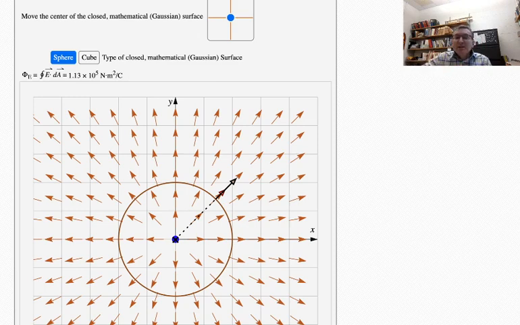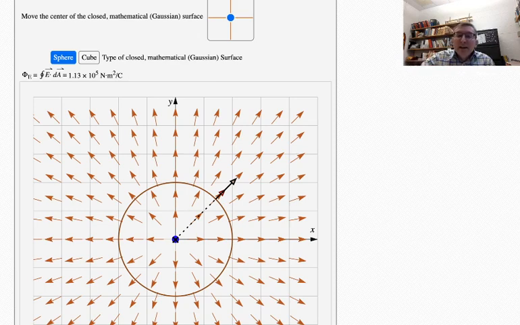If I want to think about the electric flux through that Gaussian surface, there definitely is electric flux, because I've got electric field vectors piercing the Gaussian surface outward.